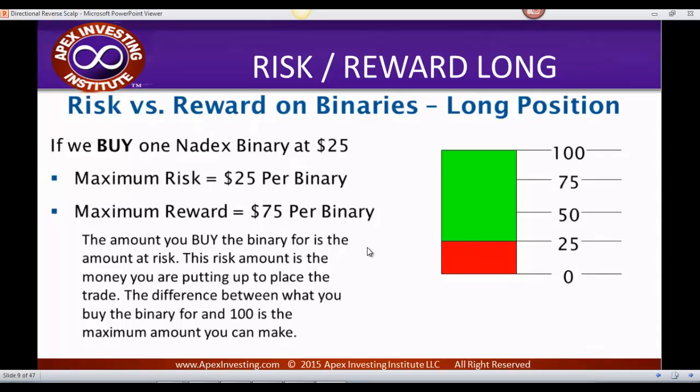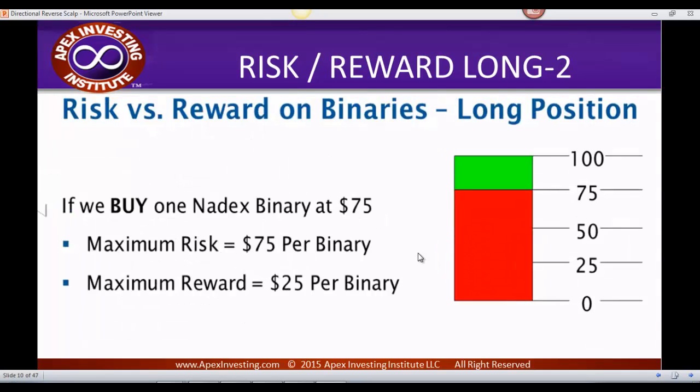Now, the difference between what you buy the binary for and $100 is the maximum you can make. So at expiration, a binary is either worth 0 or 100. If I'm going to buy a binary for $25, the most I can make is $75. The most I can lose is $25.